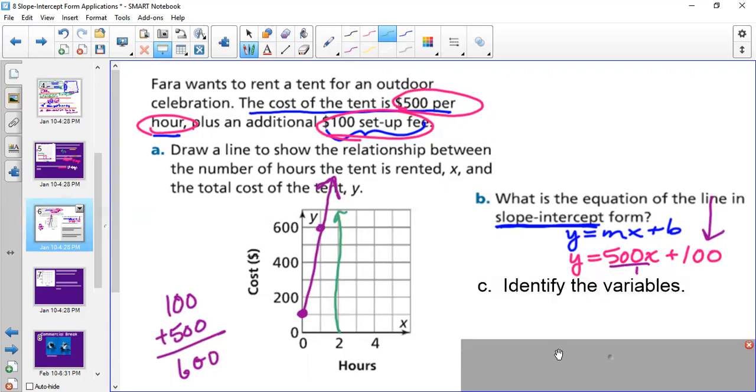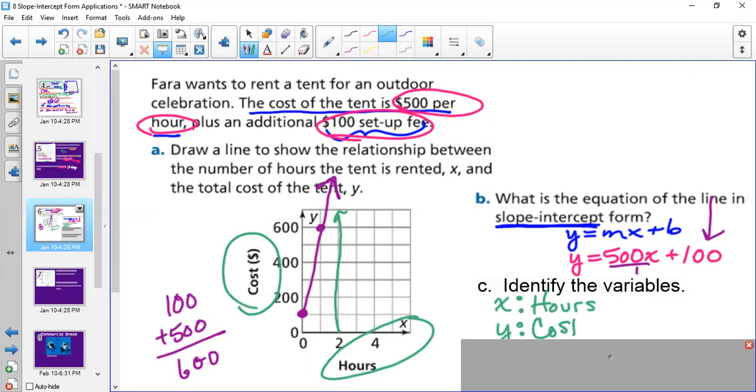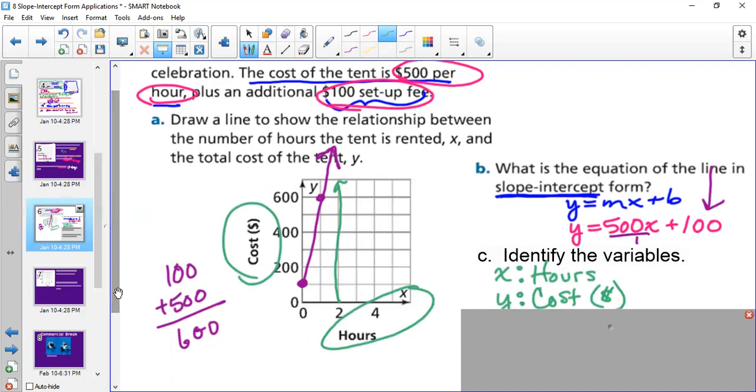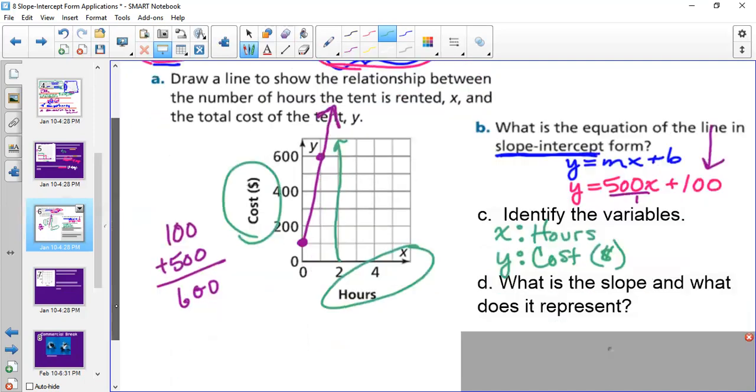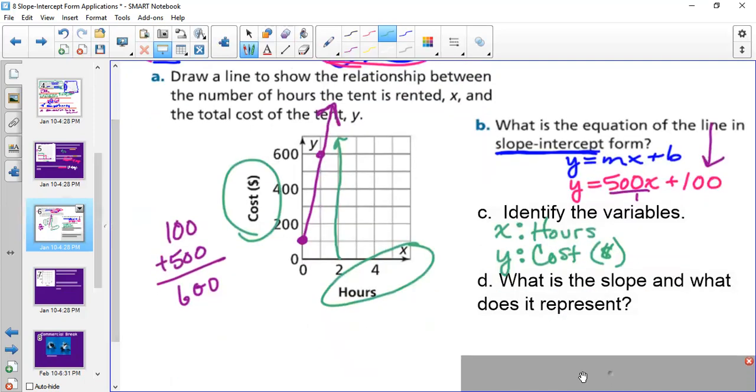But first, let's identify our variables. Remember, we have 2, the x and the y-axis. Well, our x-axis here, you can see, is hours, and our y-axis is our cost. And I'm also going to put the dollar sign so we know that we're talking about dollars. Okay, what is the slope and what does it represent? Remember, slope is our m. So mx here, so slope is 500. I'm going to make it a fraction so I can describe it.